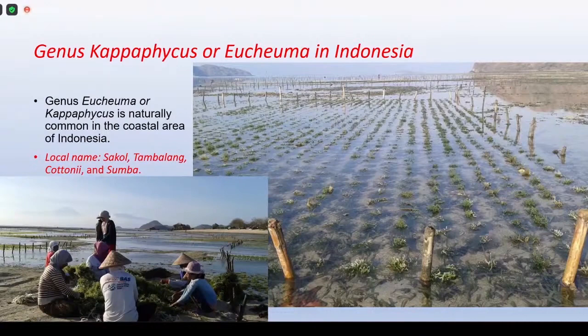We can give the name of Sakor from several areas of islands, and Tambalang and Kotoni. Sometimes we call this Kotoni, or we also call it Sumba in the island of Sumba.